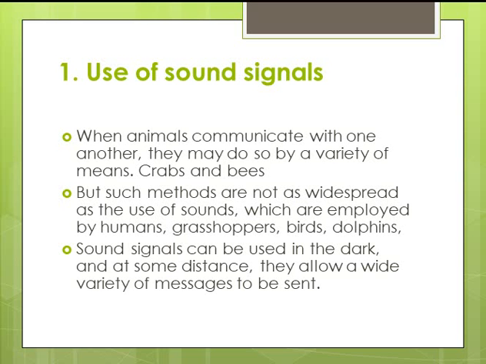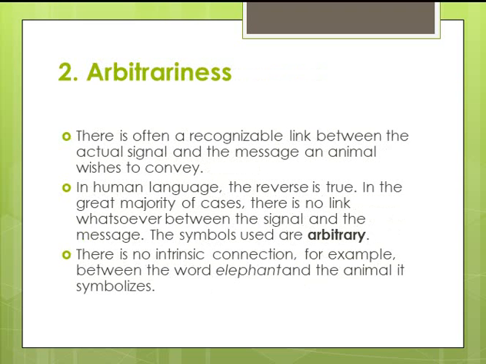So human beings can use very complicated sound signals to indicate certain needs. So this is the first point, that a human being uses sound signals in a unique way, which is quite different from animal communication.